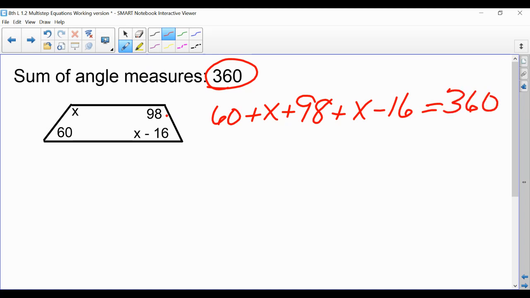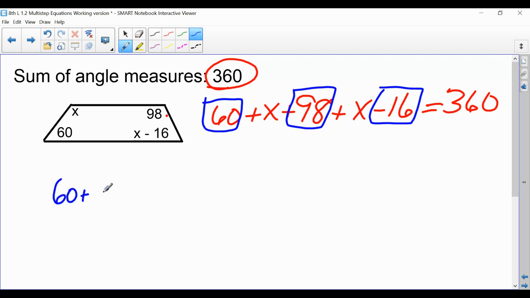All right, we have a lot going on this other side here. So we have a number 60 plus 98 minus 16. So I'm going to take that over here. 60 plus 98 minus 16.